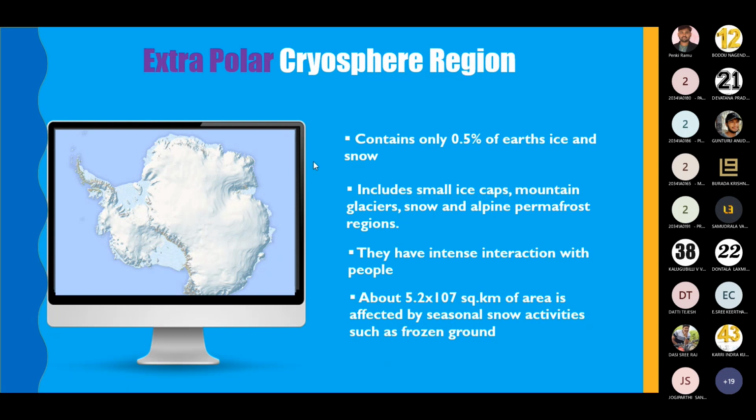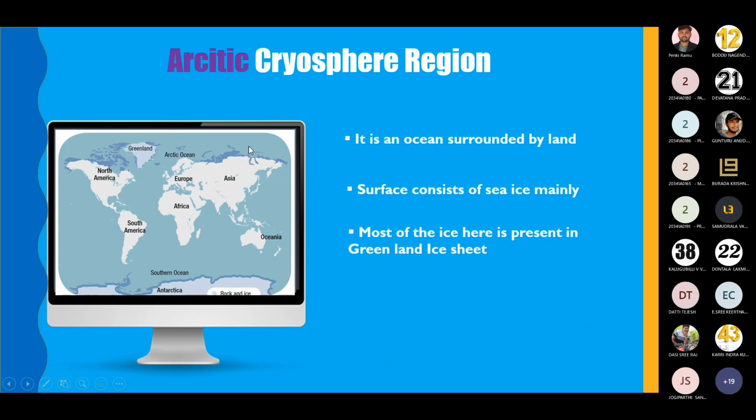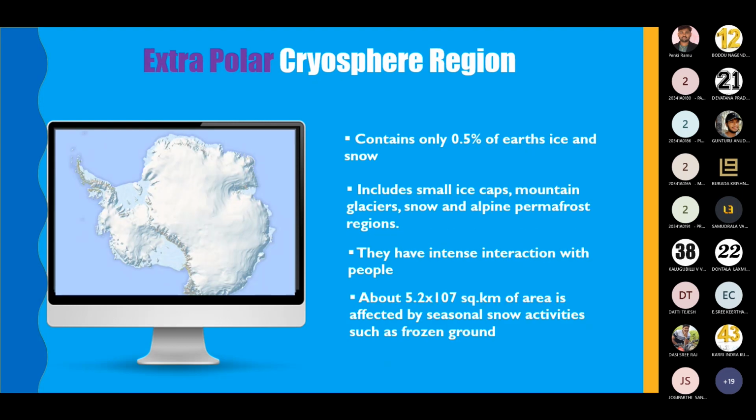Because the Arctic and Antarctic regions, the northern place and the southern place, are extreme climatic regions where very few people reside. Hence, most of the interaction with the cryosphere happens with this 0.5% of the Earth's ice.